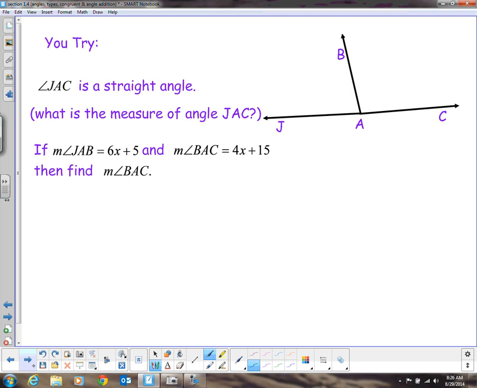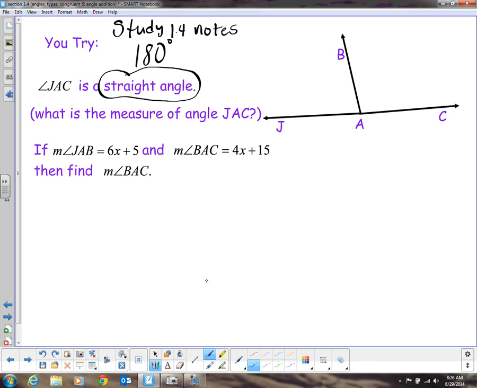All right. So now, if JAC is a straight angle, you should know this. Everybody should be able to tell me that that means 180. If you did not know that, then you need to study 1-4 notes. The expectation is that you know it. So now, if they say the measure of JAB, that's our 6x plus 5, and the measure of BAC, which is 4x plus 15, Maria, your hand was up last time.